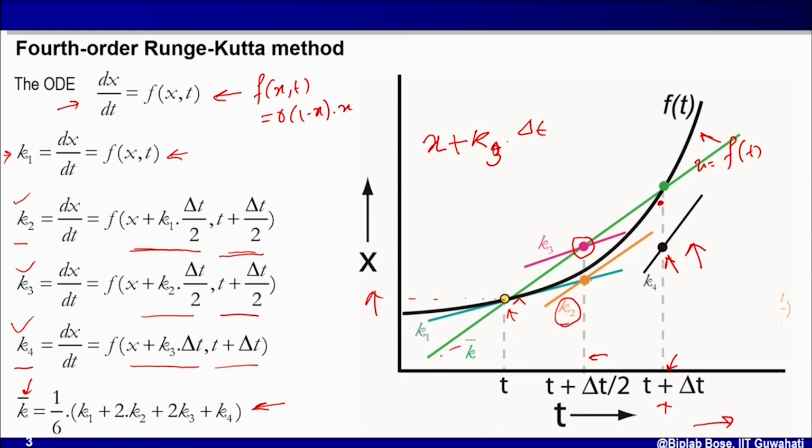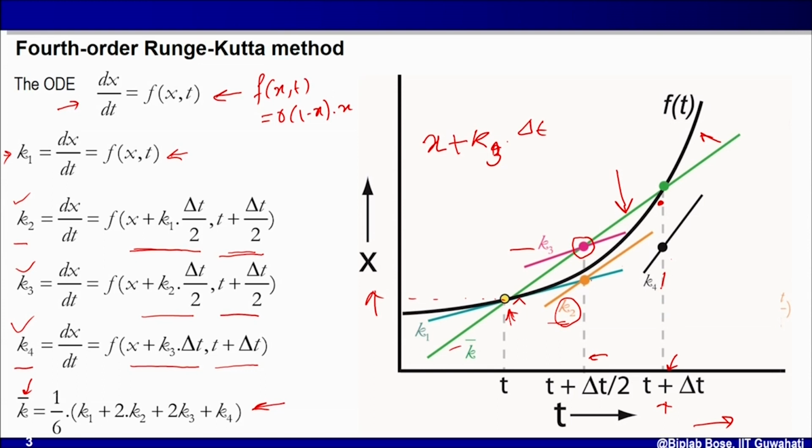So if I now draw a line having mean K slope along this initial position of x, that is this yellow point, then I get this green line. So what I have done, I have four slopes: K1, K2, K3 and K4.